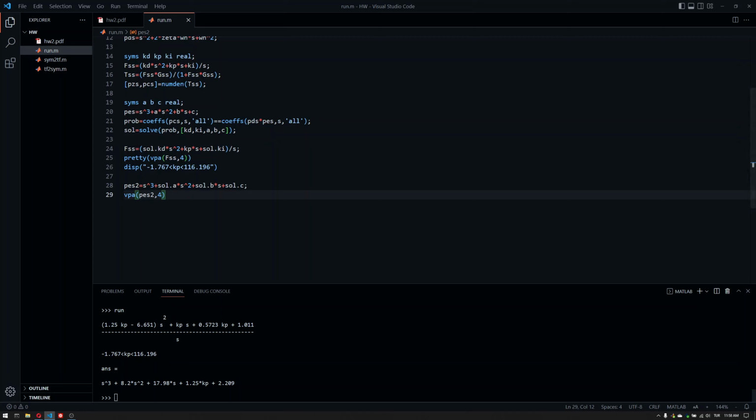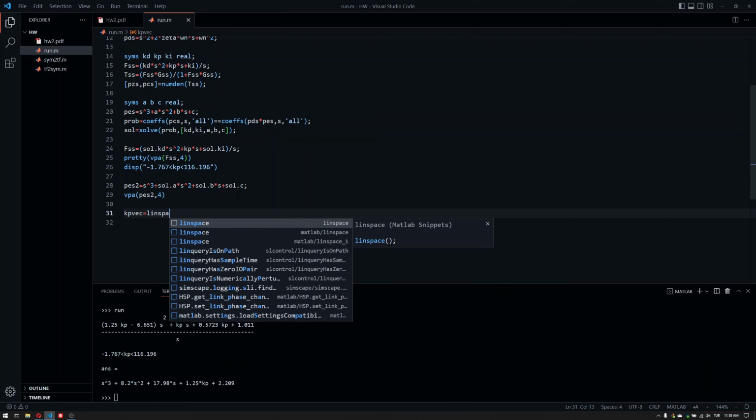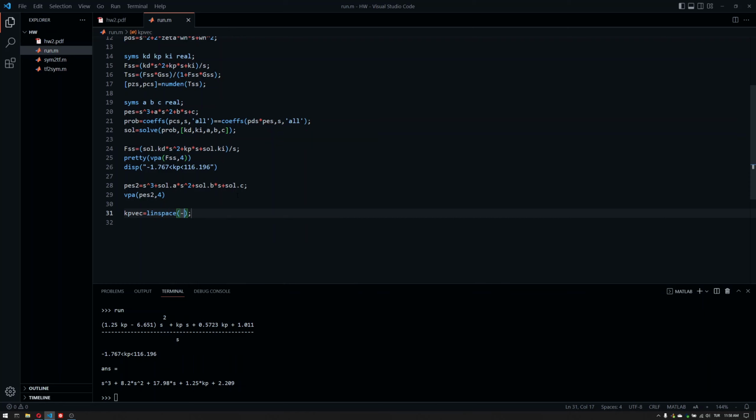We have already calculated the vector here, so I can do something like kpvec and use linspace, minus 1.7 to 117, and maybe 100 points.